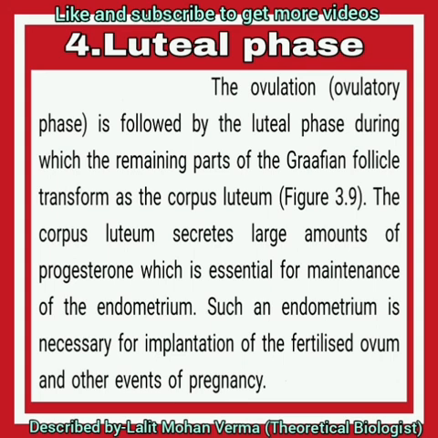The corpus luteum secretes a large amount of progesterone, which is essential for maintenance of the endometrium, the inner layer. Such an endometrium is necessary for implantation of the fertilized ovum and other events of pregnancy. So the regeneration is required for the same.